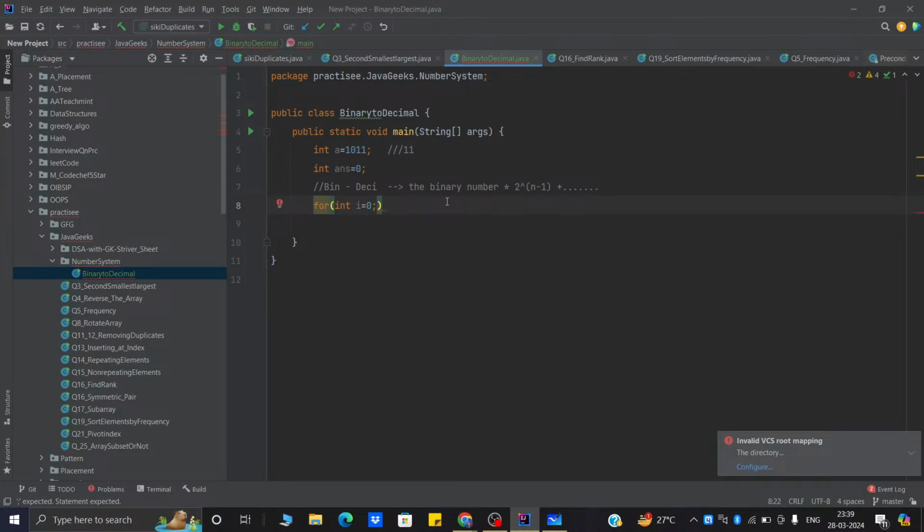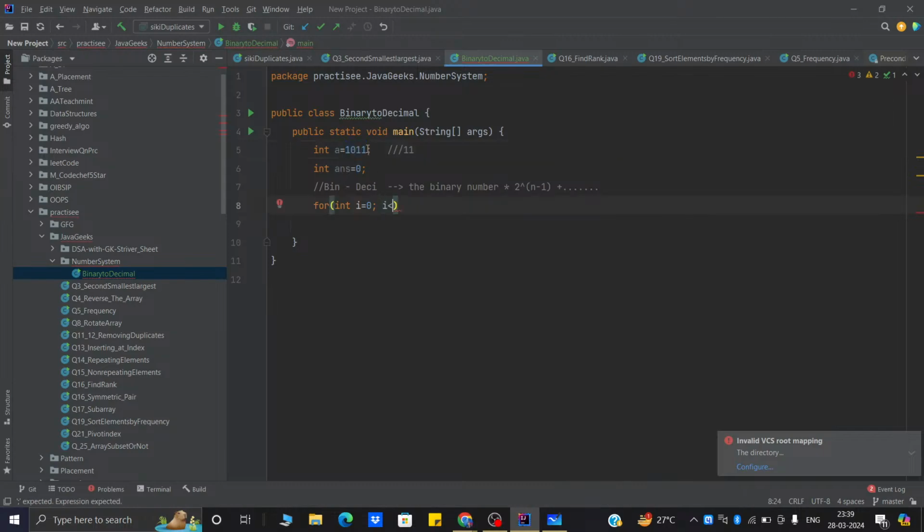Now what we have to do is, we have to run a for loop from the end, and we have to do these calculations. So how can we iterate this, how can we find the length of this number?